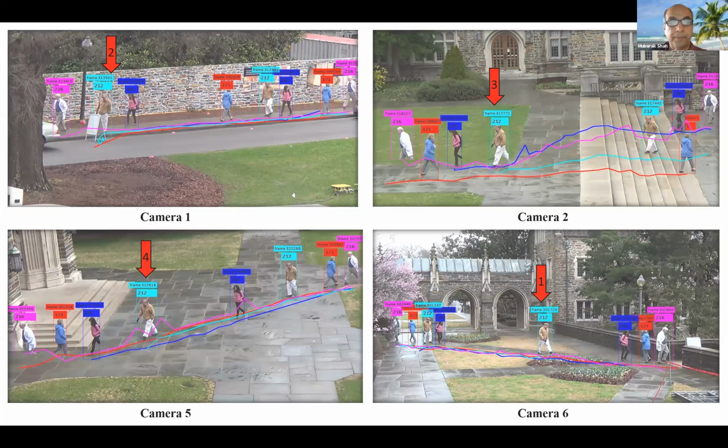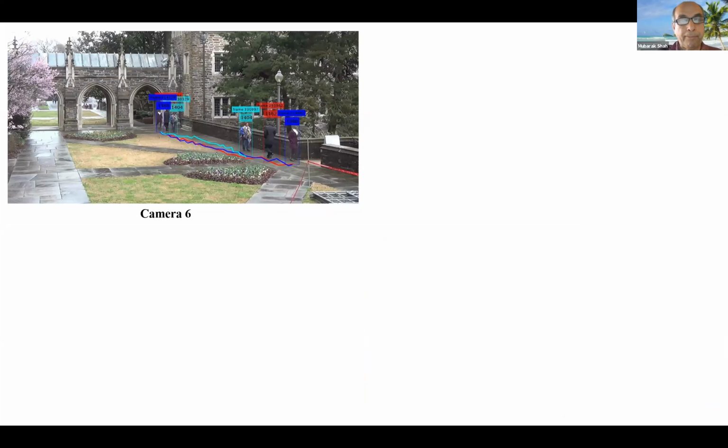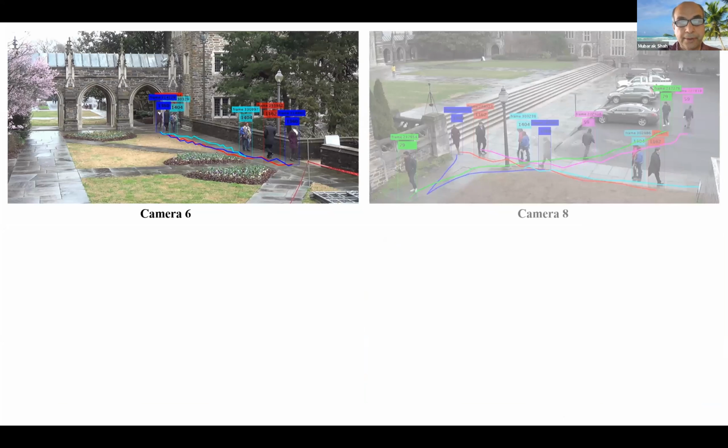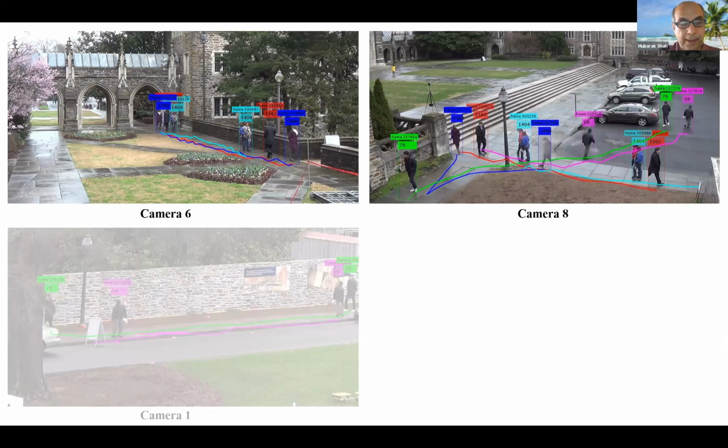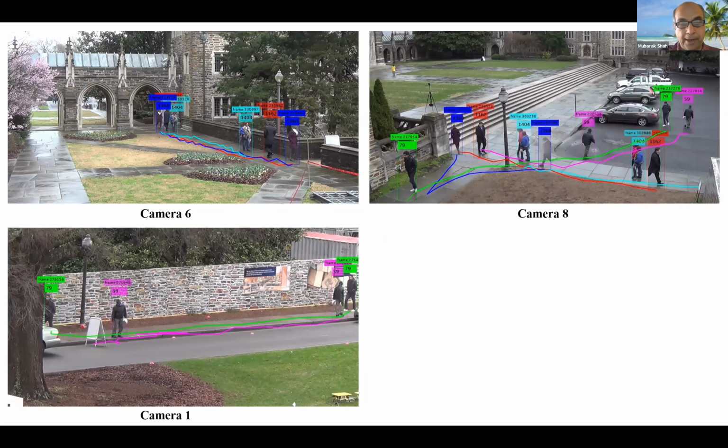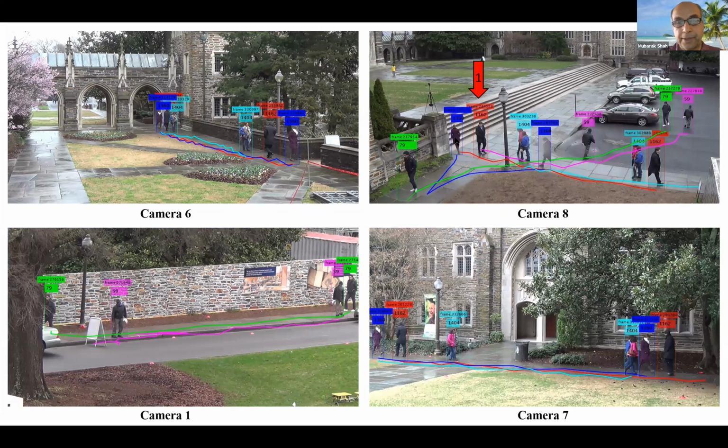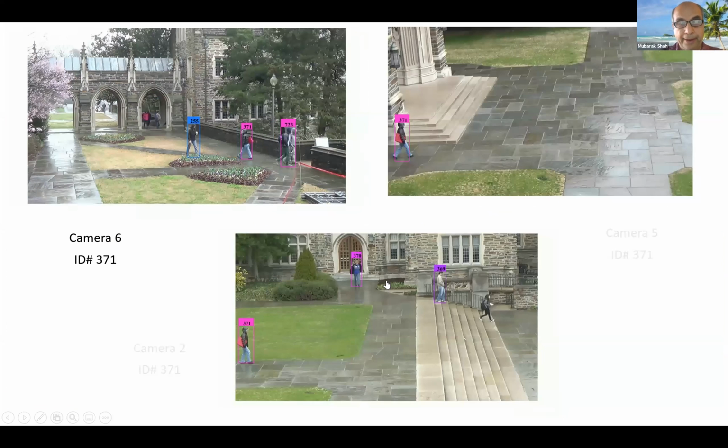Another example here: camera 6, camera 8, and camera 1 and 7. Again, we have this person 1162. This is a track: first time camera 8, then camera 2, then camera 3, and then we have these videos here.